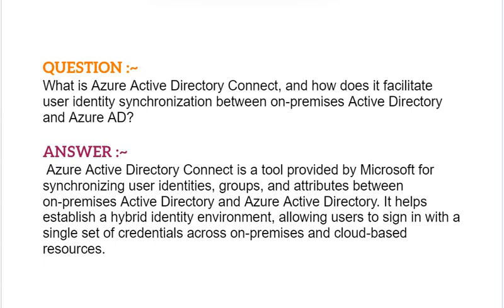Your answer should be: Azure Active Directory Connect is a tool provided by Microsoft for synchronizing user identities, groups, and attributes between on-premises Active Directory and Azure Active Directory. It helps establish a hybrid identity environment, allowing users to sign in with a single set of credentials across on-premises and cloud-based resources.